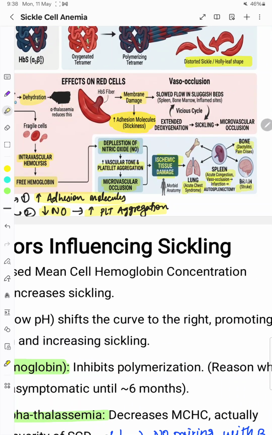These sickle cells have damaged membranes and express increased adhesion molecules and have increased stickiness for endothelium. Whenever there is slow flow, particularly in inflamed sites, spleen, and bone marrow, there is a high chance of vaso-occlusion.